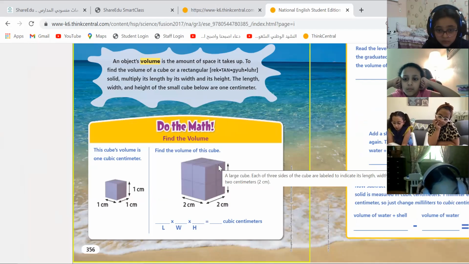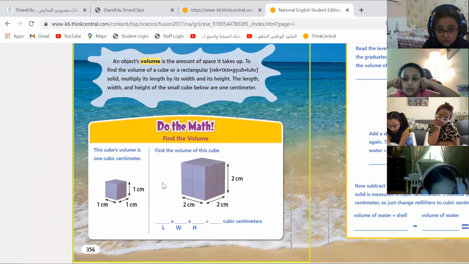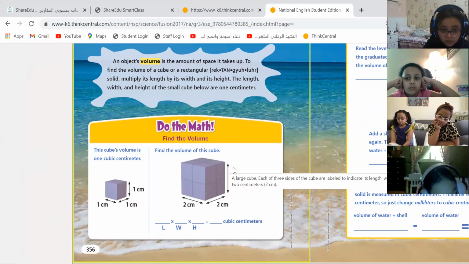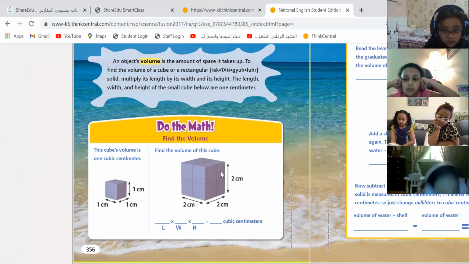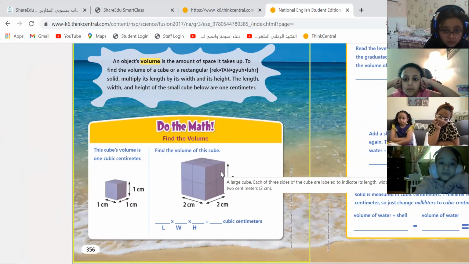What are you going to measure in this cube? The whole space. So you are going to take the length, the width, and the height. Why? Because I need to know how much space this cube takes up if I put it inside a box or inside a cup, or even if I want to put it on my table.